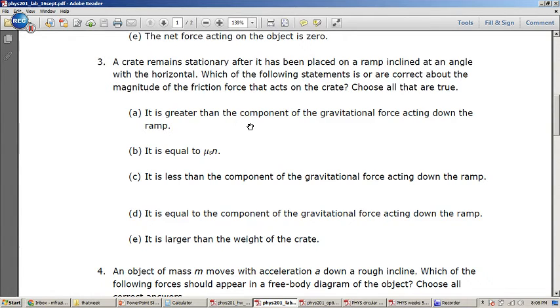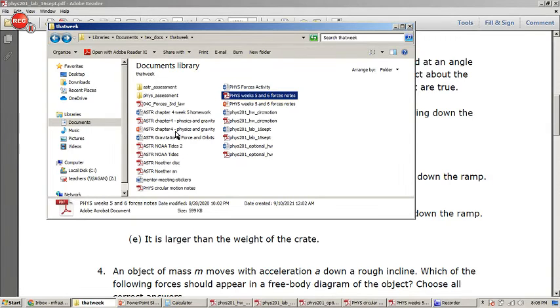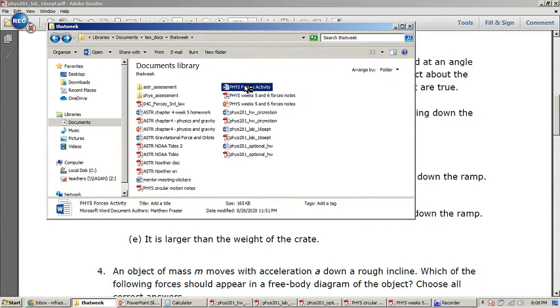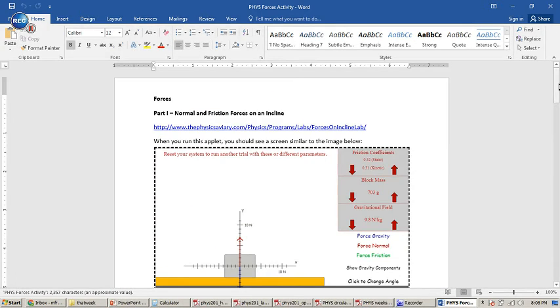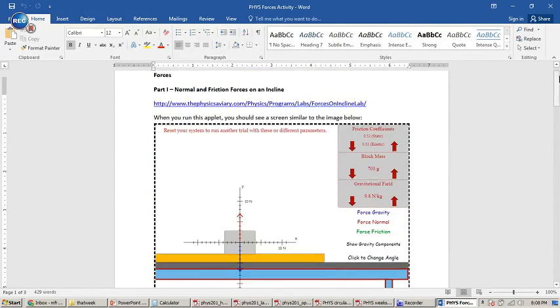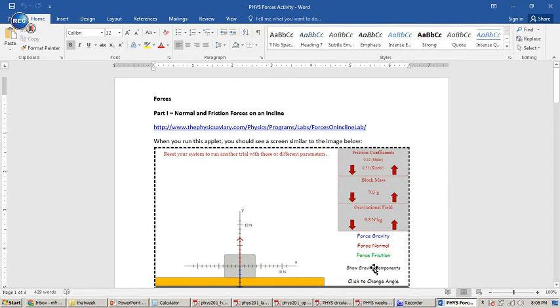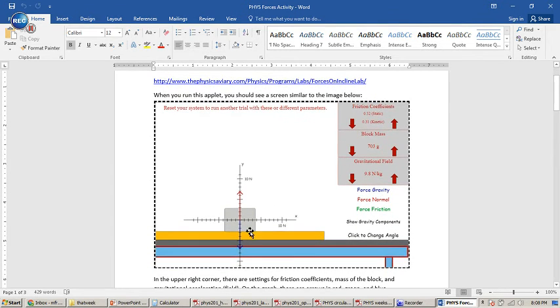And you go into that app with the block on a slope, and let's see if I can pull that up. Do I have it open? Where is it? I had it here. Let's open this up. All right, here where it says show gravity components, if you click that, it shows the components of that weight force along the ramp.